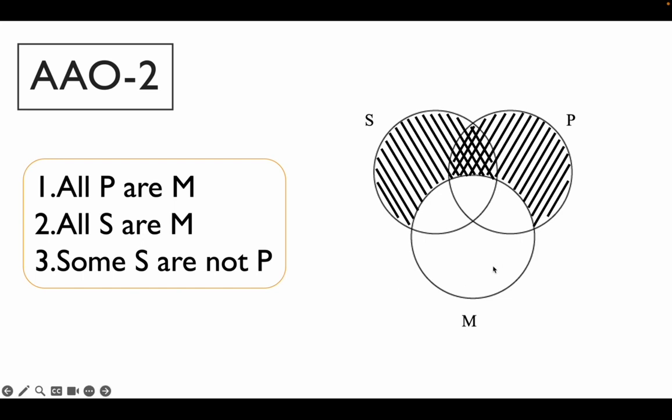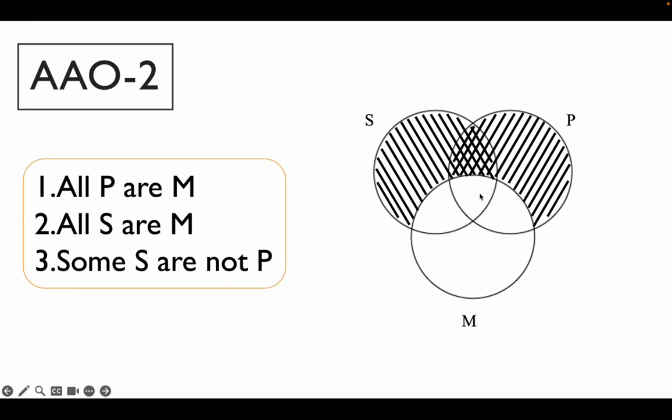Am I allowed to make an existential assumption for M? Well, no, because where do I place the X? I can place it here, or here, or here, or here. So there are 4 places, and that means that I cannot make that assumption. Can I make an assumption for S? No, because there are 2 places where I can place the X. So can I make an existential assumption for P?